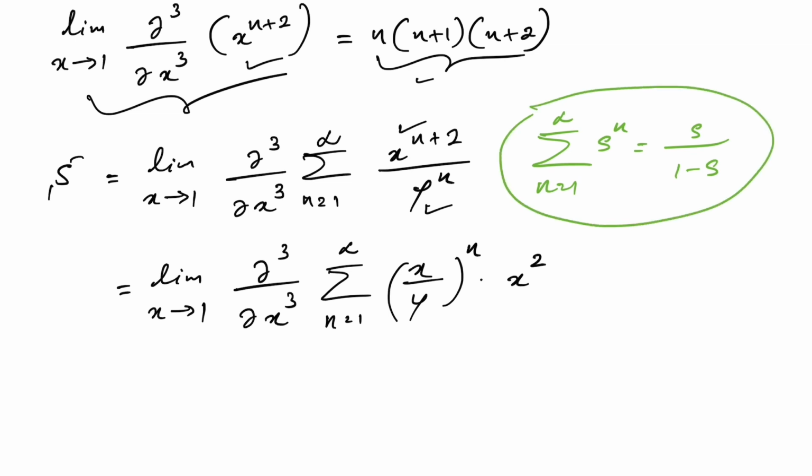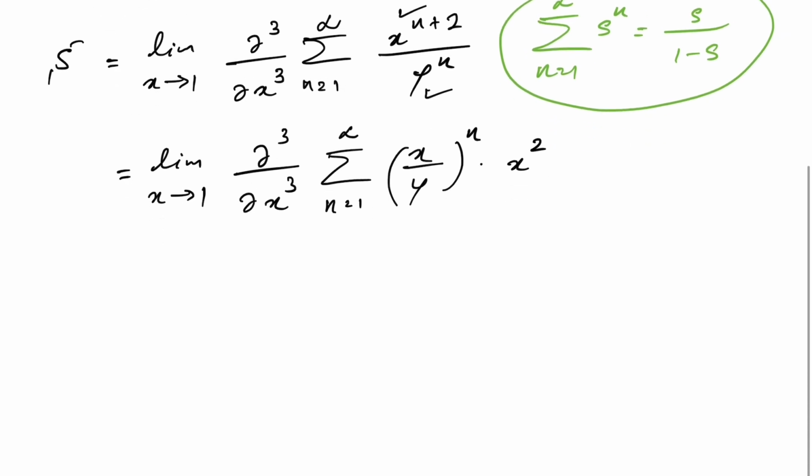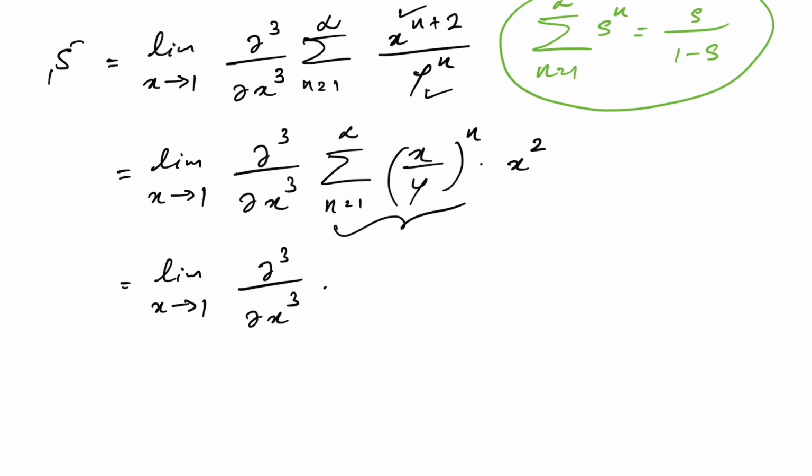So we can write this as the limit as x approaches 1 of the third order derivative, where instead of this part we can write s over 1 minus s, and s is equal to x over phi.